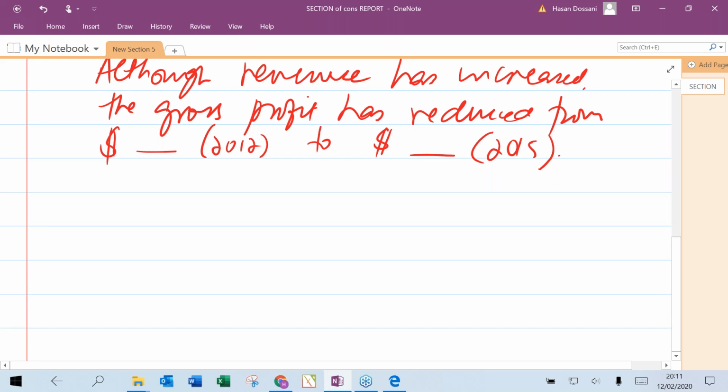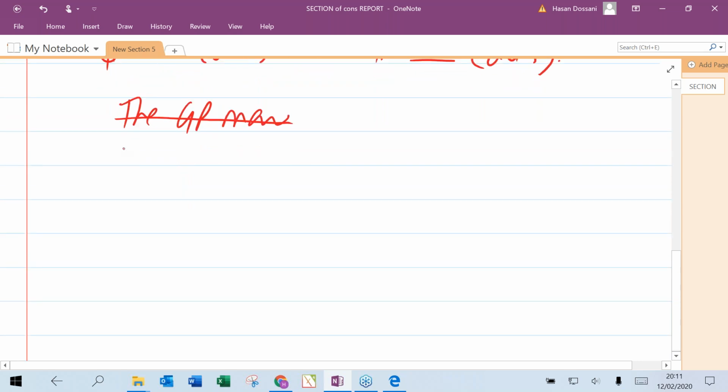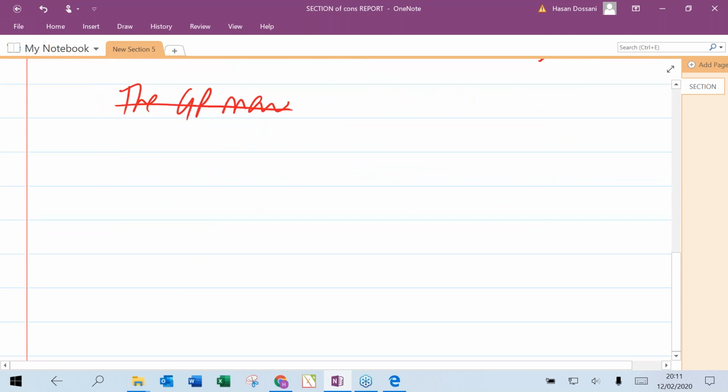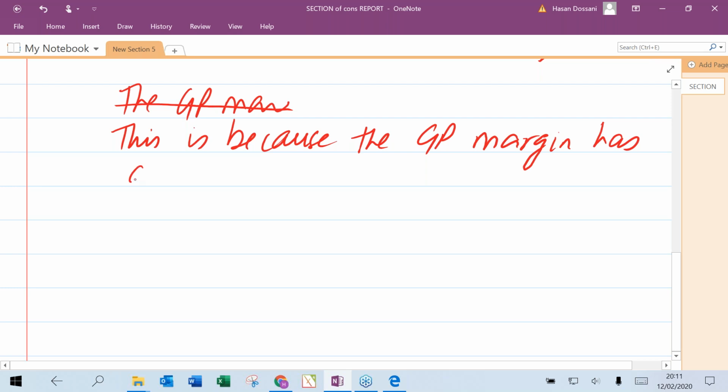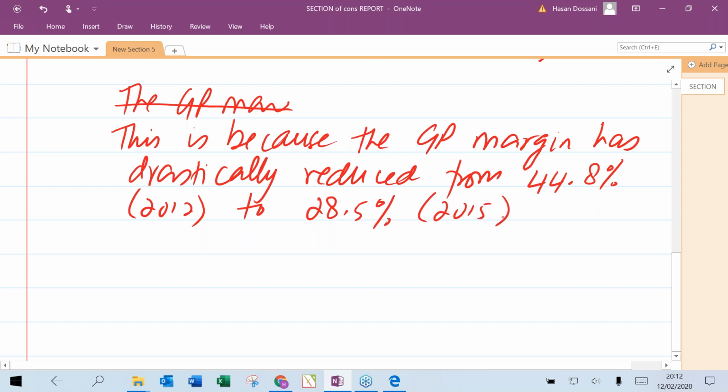The gross profit margin of 20, the GP, okay, so this you will need to calculate.